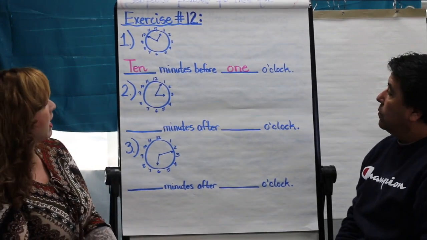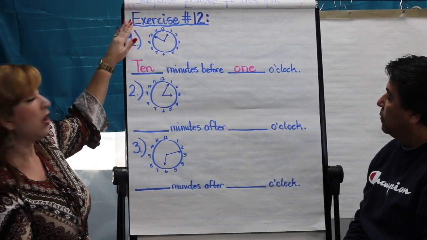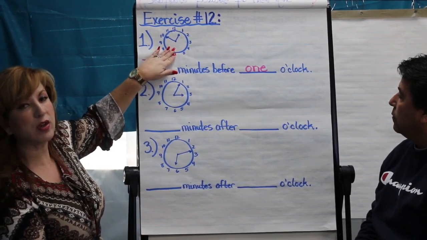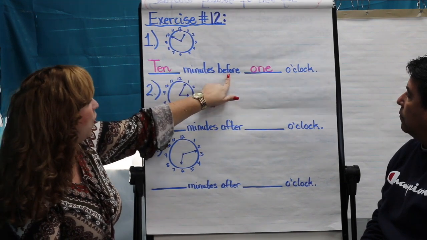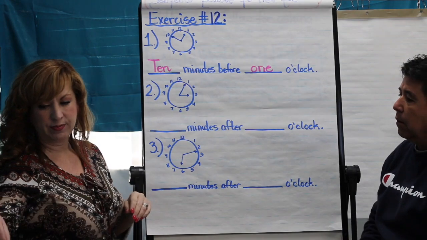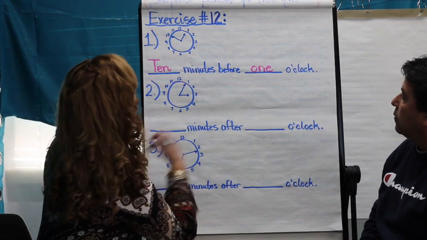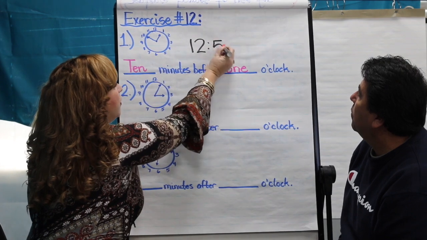Okay, so the first exercise for number 12, we're going to see a picture of a clock, and you could see it's 10 minutes before 1 o'clock. So in reality, if I'm looking at the time, it is still 12:50.